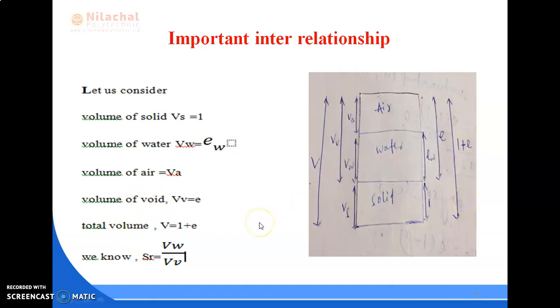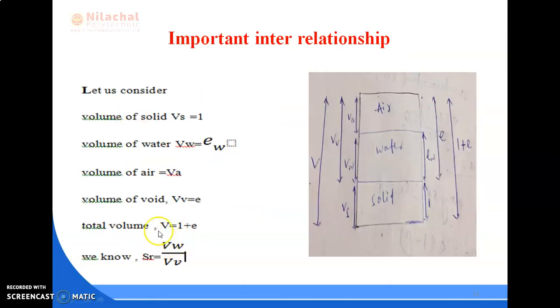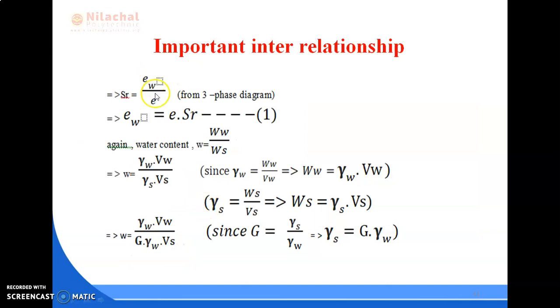Again we know degree of saturation Sr equals volume of water by volume of void, so Vw by Vv, which implies Sr equals, in place of Vw we write its value ew, and in place of Vv we write e. So ew by e from the three-phase diagram, which implies if we cross multiply, then ew equals e into Sr, give it equation 1.